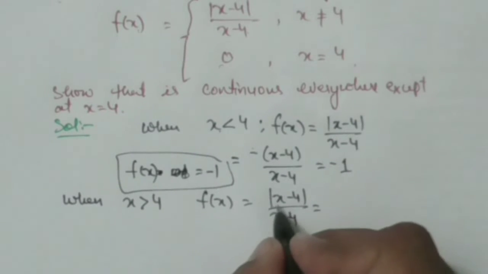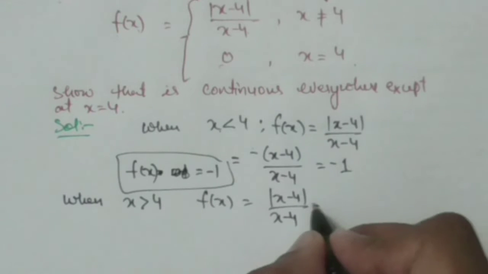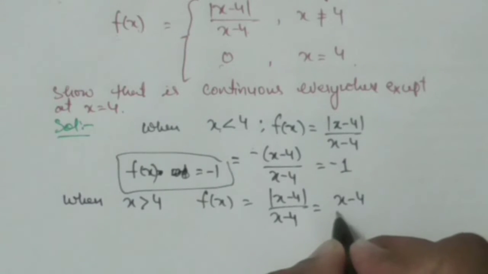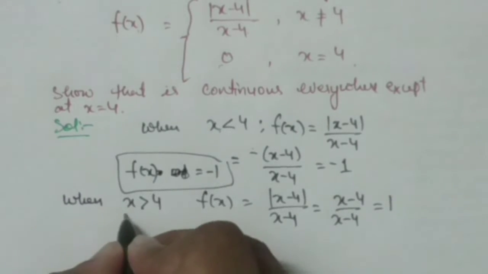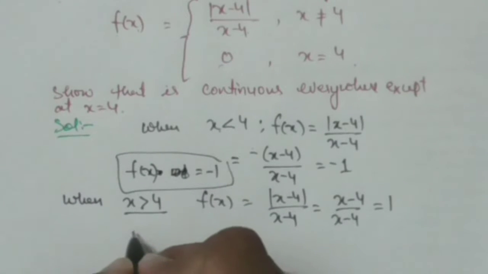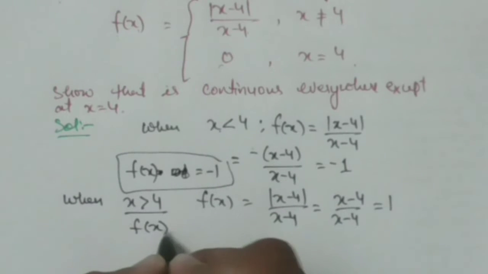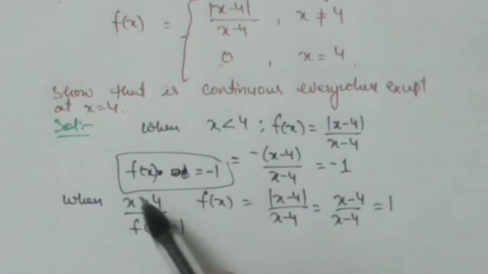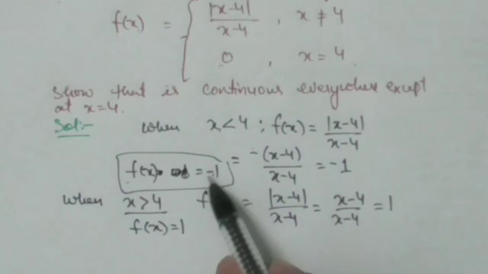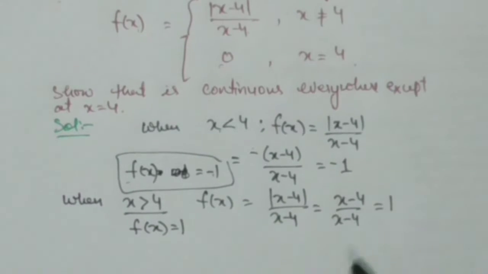So |x - 4| in this case will be equal to simply x - 4. So f(x) will be (x - 4) upon (x - 4), that is equal to 1. So when x is greater than 4, f(x) is equal to 1. And when x is less than 4, then f(x) is equal to -1. Right.